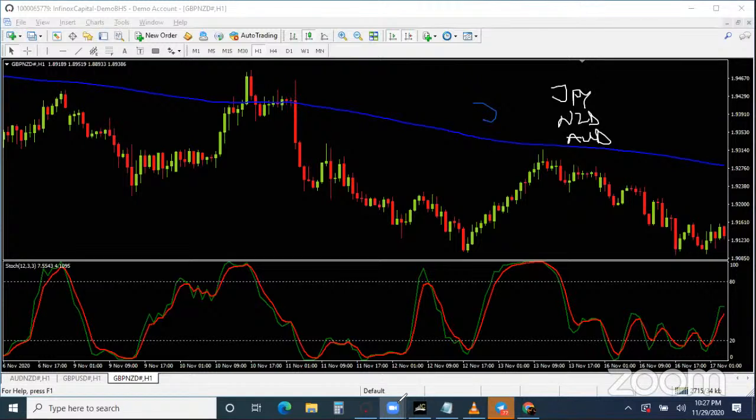The pairs that don't contain these three, I would suggest you restrict yourself strictly to kill zone, right? And even if you want to trade outside the kill zone, I would suggest you trade them maybe with a combination of these ones: AUD NZD, AUD JPY, NZD JPY, and any other thing.